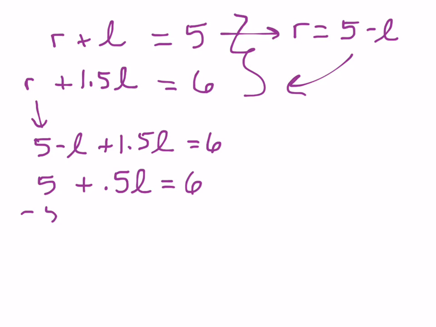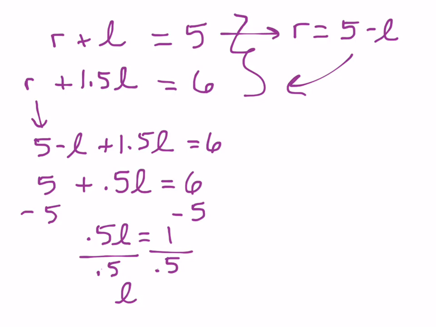Okay, subtract 5. You get 0.5 L equals 1, and divide by 0.5. Okay, and 1 divided by 0.5 is 2. So they bought 2 large cups of coffee.